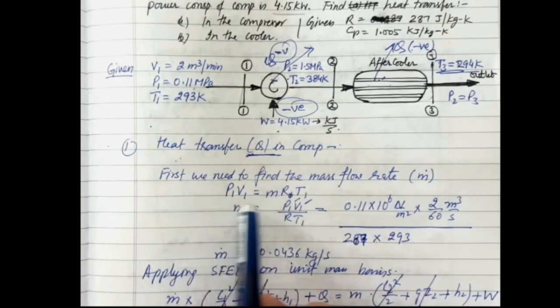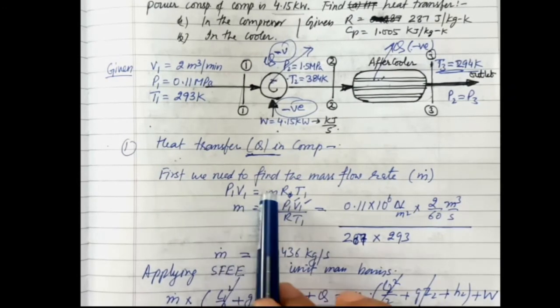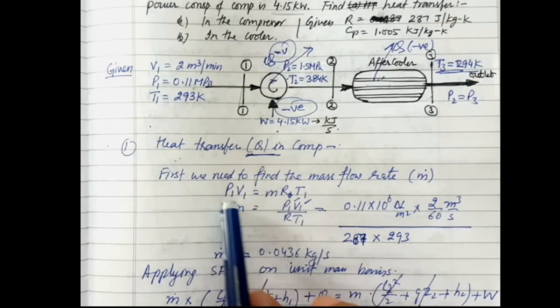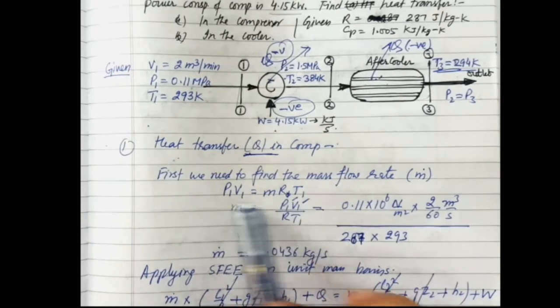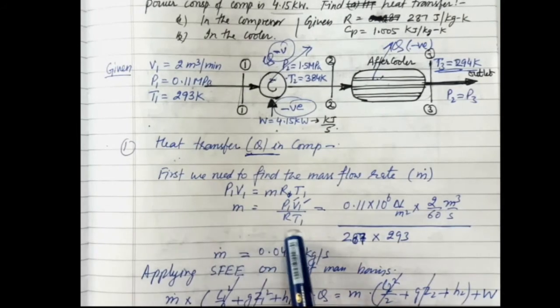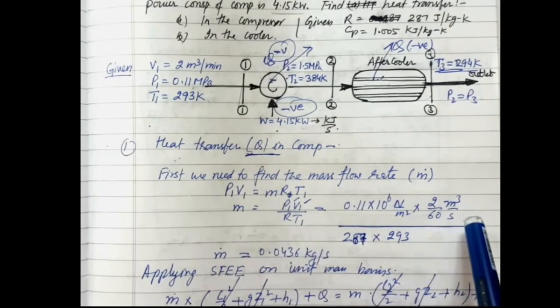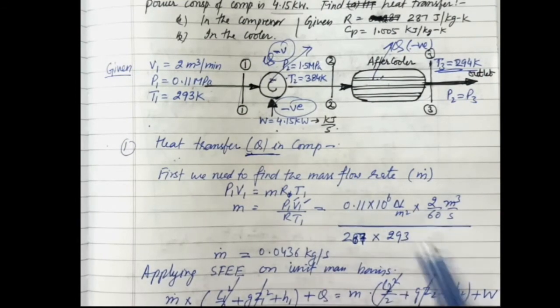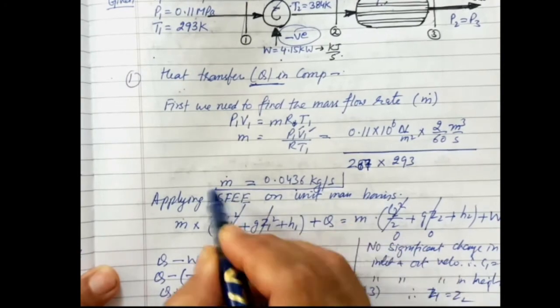So we apply this equation P1 V1 is equal to mRT1. Just substitute the values of all these quantities: pressure, volume, gas constant, temperature, all of these are given. So we get the mass flow rate in kg per second.